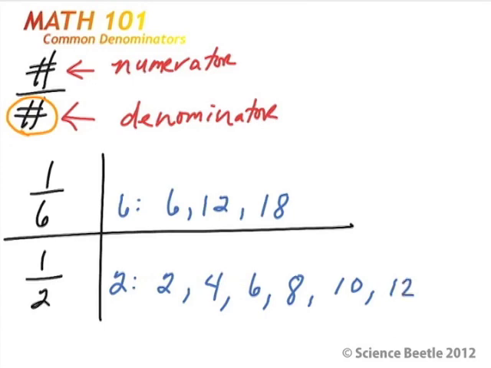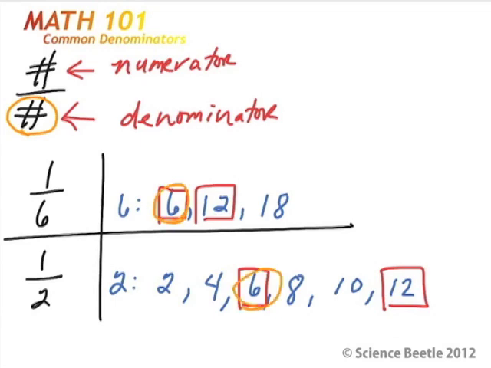When we look at this closely, we notice that we have several numbers in common: a 6 here and a 6 here, and a 12 here and a 12 here. But what we're looking for is the least common multiple. For the 6 and the 2, that's going to be the 6. So when we look for a common denominator, that's exactly what we're looking for.